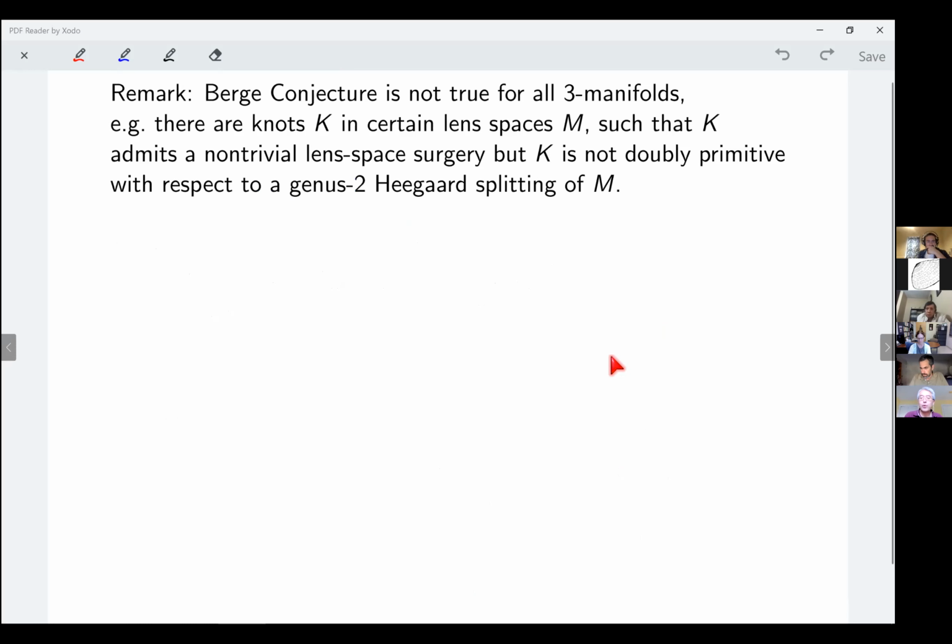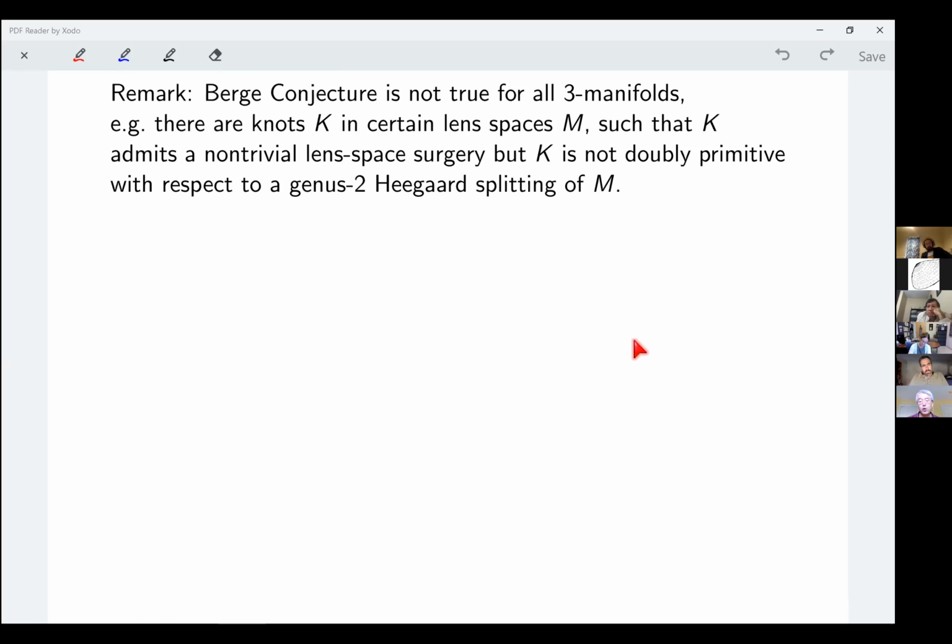Here I want to make a remark: you can ask an analogous question to the Berge conjecture for any manifold, as long as this manifold has a genus 2 Heegaard surface. If you take any doubly primitive curve on the surface, then you always have a lens space surgery, and you can ask whether or not the Berge conjecture is true for all such 3-manifolds.